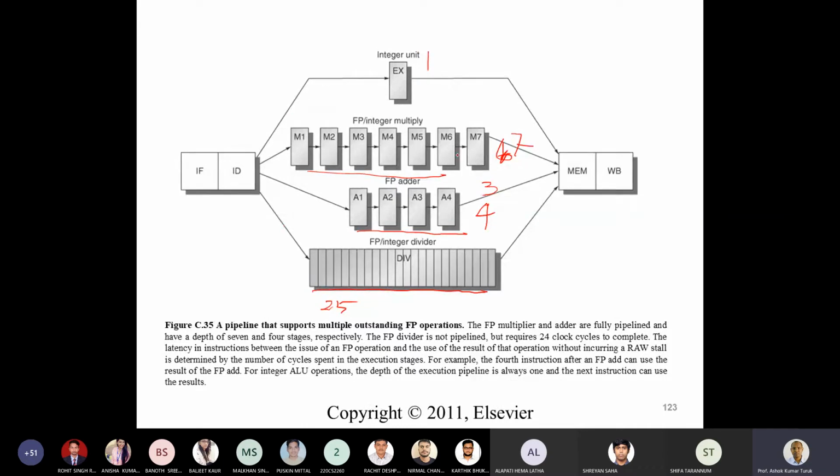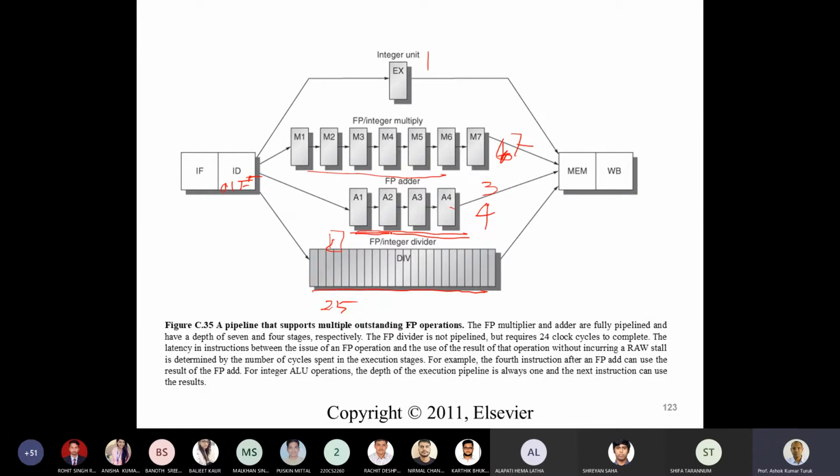Now if you look at this pipeline, the number of outstanding instructions in the floating point adder is 4. So you can have 4 outstanding instructions in the floating point adder. The next instruction that can use the result can be sent from this stage to this one.